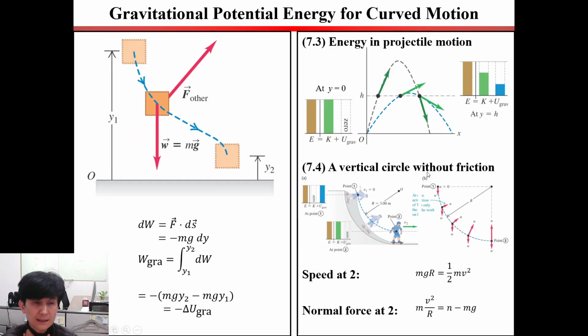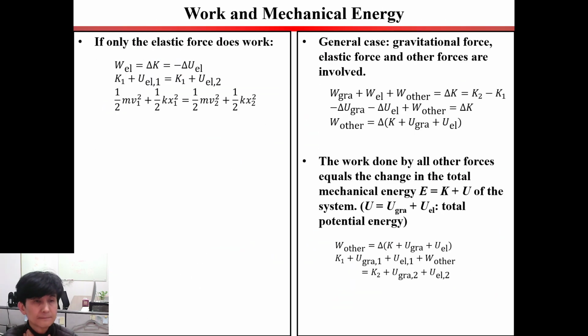So for an elastic potential, we should include the potential by elastic force. And potential by elastic force for a spring is 1/2 kx squared.